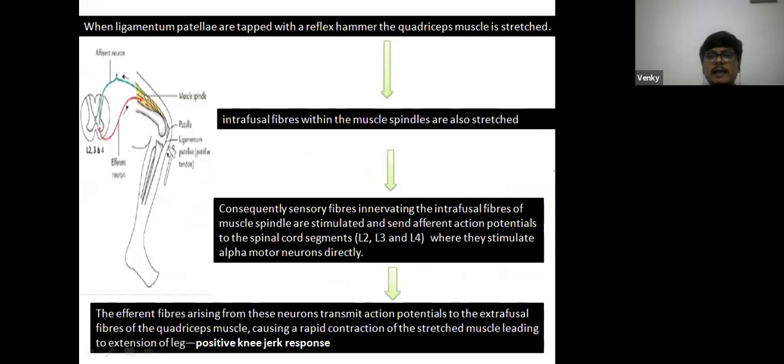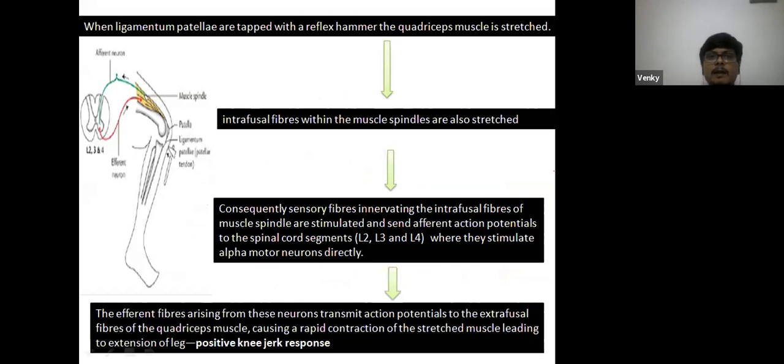This is the classical example. To understand the monosynaptic stretch reflexes, there are certain words you have to remember: muscle spindle, intrafusal fibers, and extrafusal fibers. These three things you have to remember.